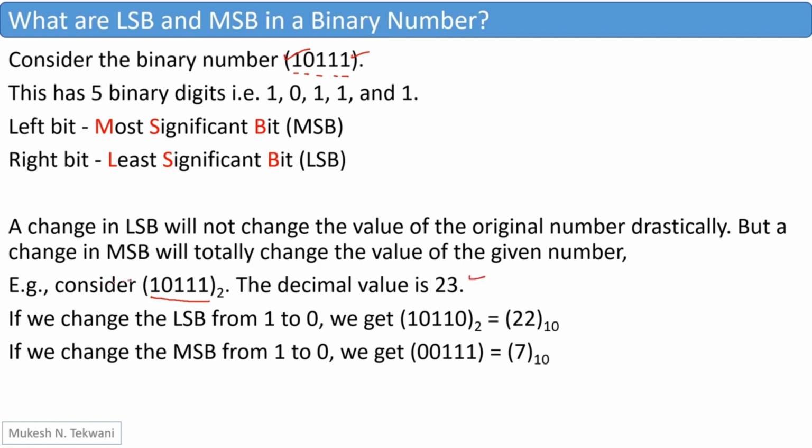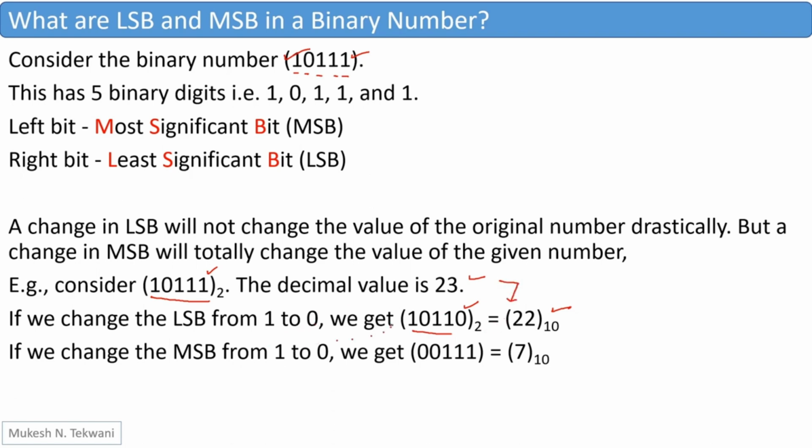If we change the least significant bit from 1 to 0, we get the number 10110, and here is the bit which was originally 1 in our number. Now we have changed it to 0. If we convert this number from binary to decimal, we get the decimal equivalent as 22. So by changing the least significant bit, the value has changed from 23 to 22. It's not a very significant change.